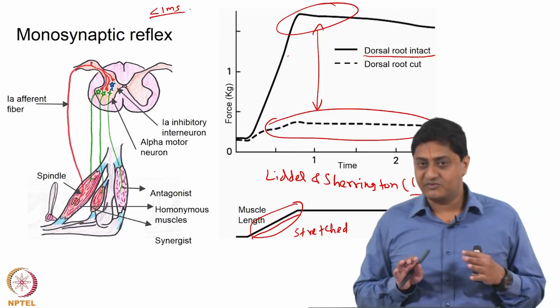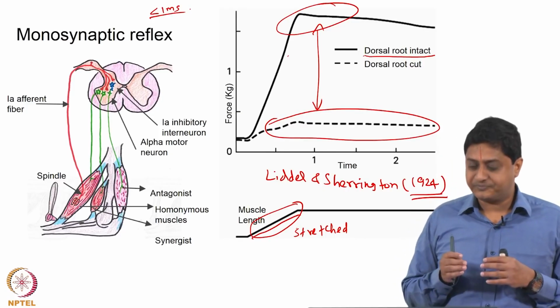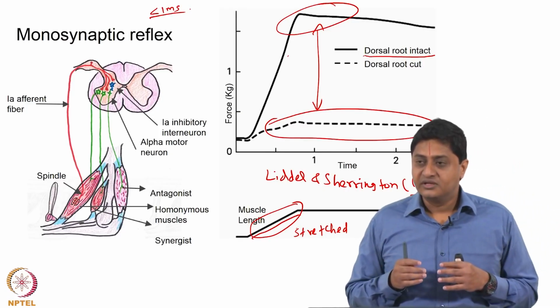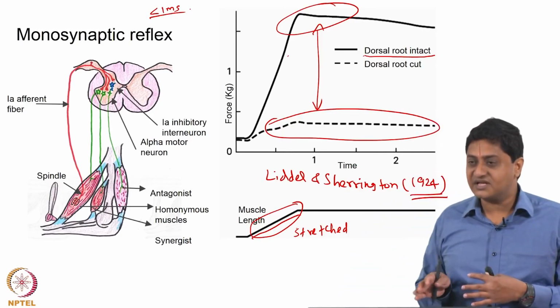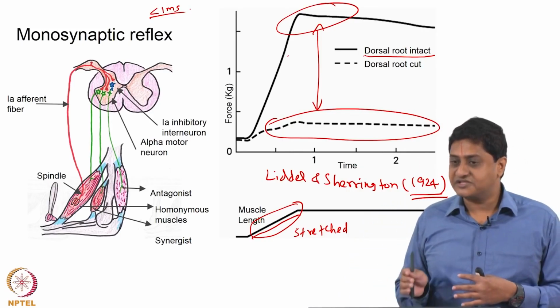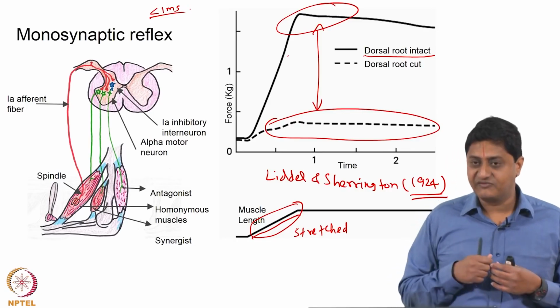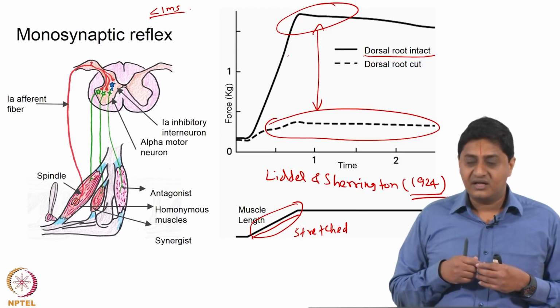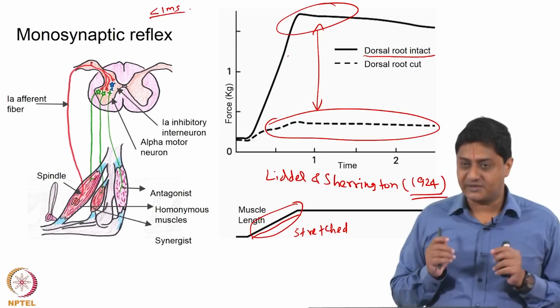So let us remember what is going on. It is a bit more complicated than what is shown here. What is happening is simultaneous activation of flexors and inhibition of extensors of the limb that is experiencing the painful stimulus, and this is called the flexor withdrawal response, a polysynaptic response.